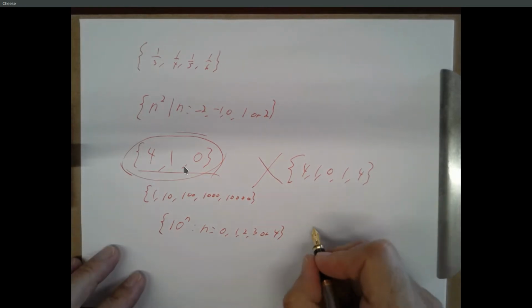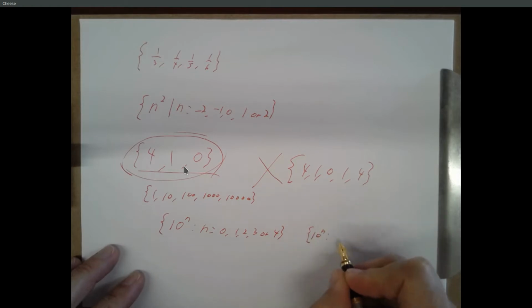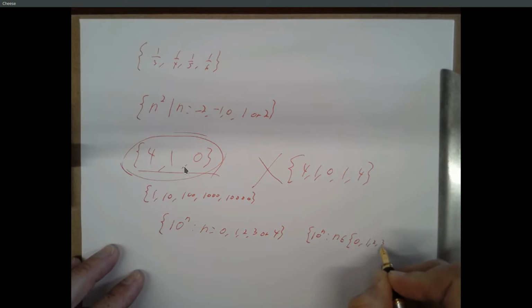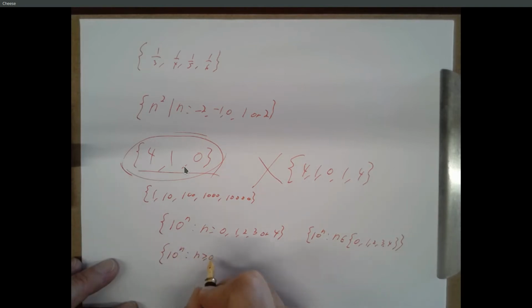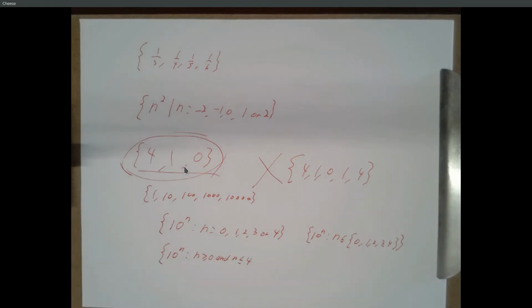Or we could say the set of all 10 to the n such that n is an element of the set {0, 1, 2, 3, 4}. Or you could say the set of all 10 to the n such that n is bigger than or equal to 0 and n is less than or equal to 4. And you've got to be careful about the universe with this kind of thing, because what if n's 2.5?